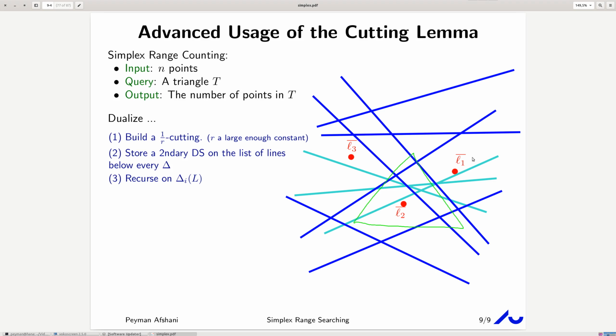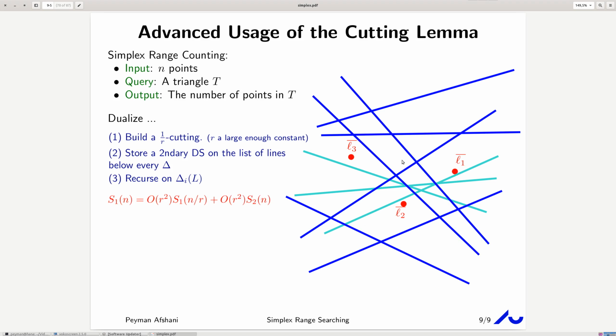Since we want to handle L1, and L1 is interested in the set of lines that pass below it, we take the set of lines that pass below this triangle and store it in a secondary data structure. And then we recurse on the set of lines that intersect the triangle.